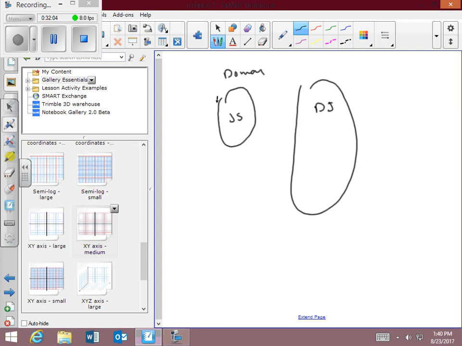Chuck Josie. JOS, that's, and then Trevor. Now notice when we said, was this a function or not a function? It wasn't a function. See what happens when it's not a function?